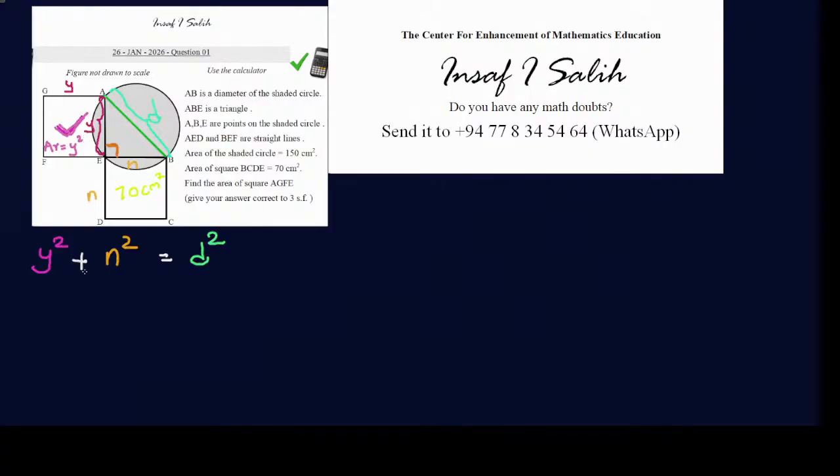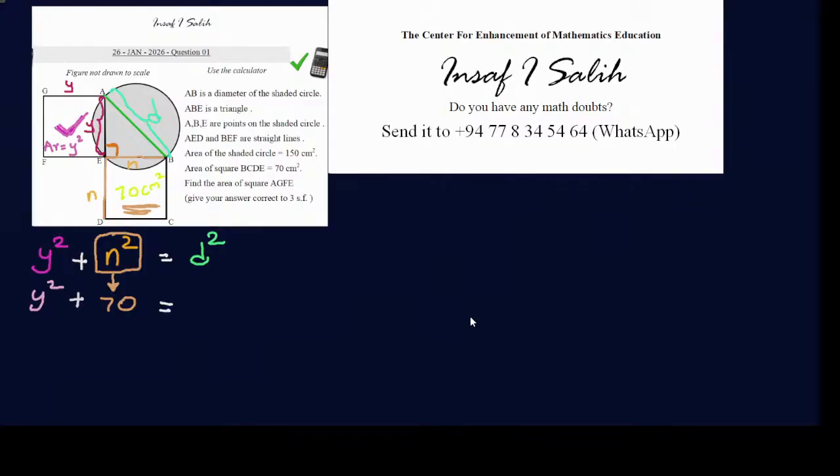Let's try to do that. Y squared is not known to us. Y squared plus, do you know what n squared is? That is n times n, in other words, the area of the square at the bottom, which has been given to us as 70. So in place of n squared, we can write 70, equals d squared.